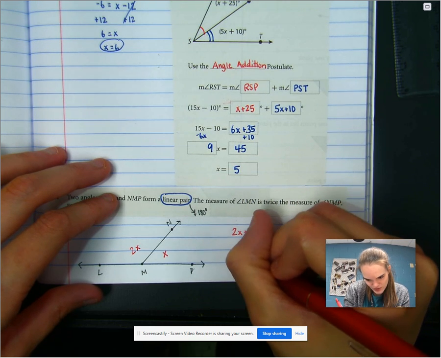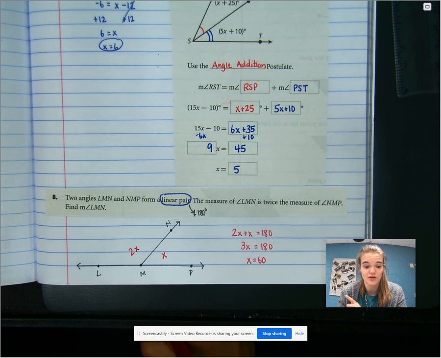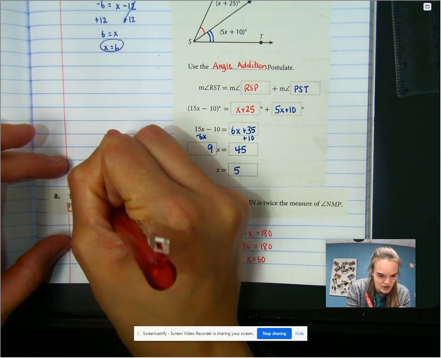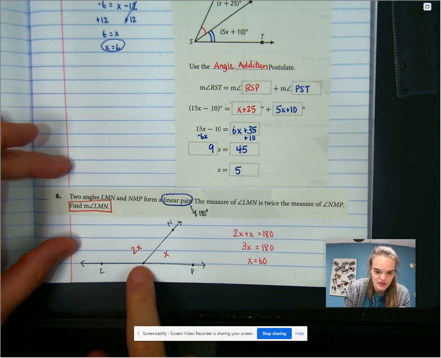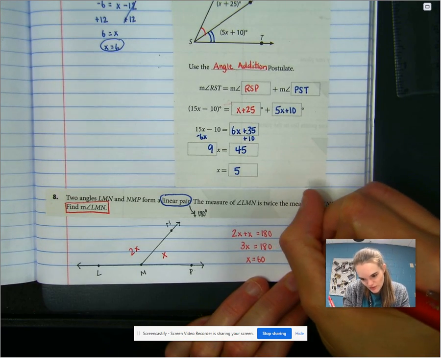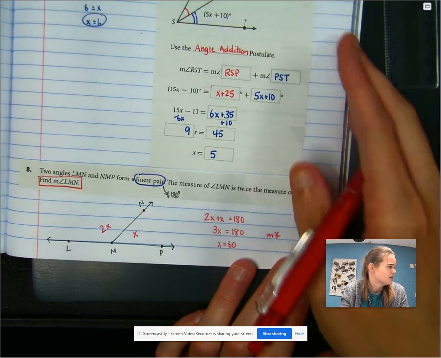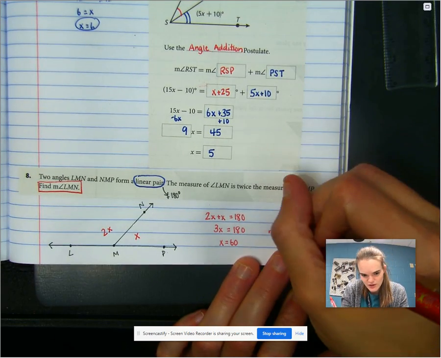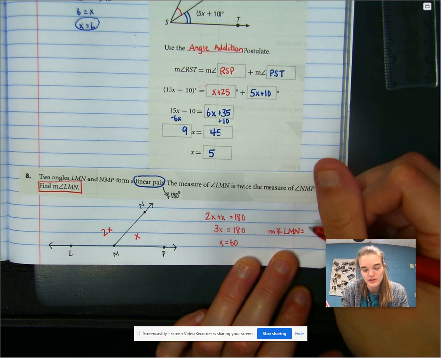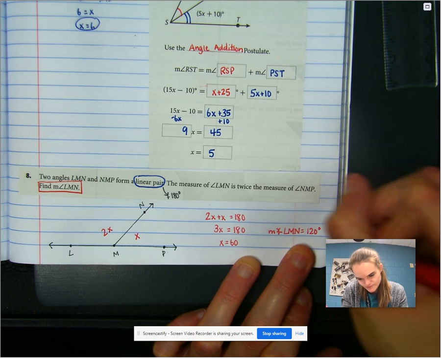Divide by 3, x equals 60. Now, I have to read the problem because it doesn't say solve for x. It says find the measure of LMN. Here's LMN. So I got to double this. So my answer is that the measure of angle LMN equals 60 times 2, which is 120 degrees.